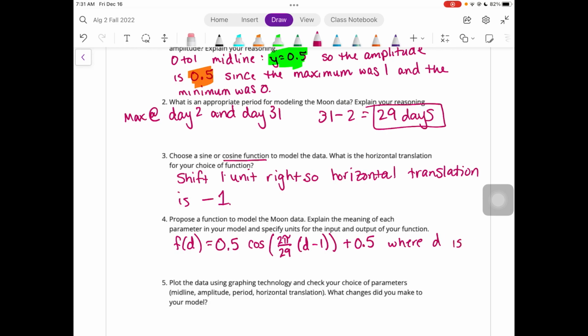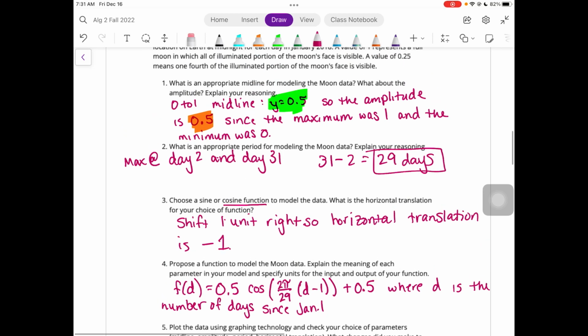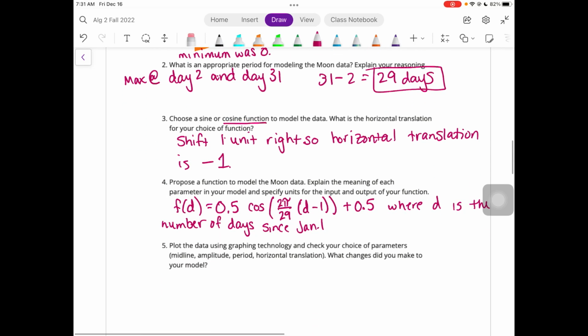D is the number of days since January 1st, 2018.